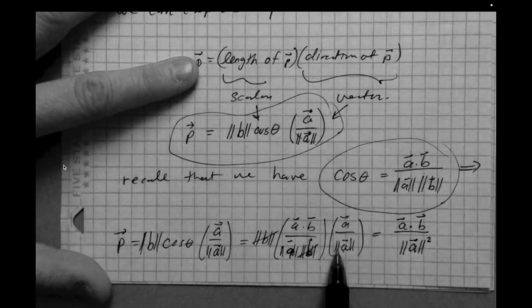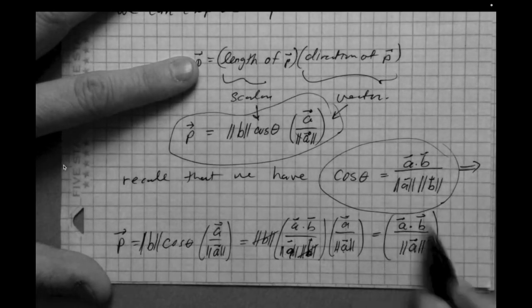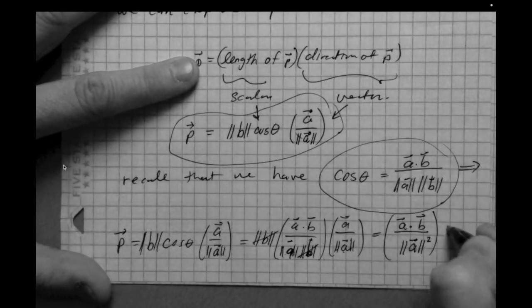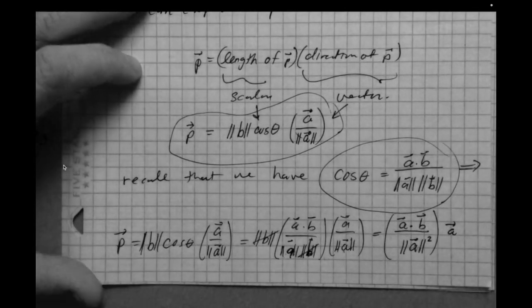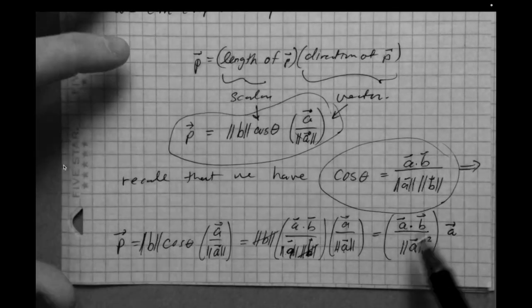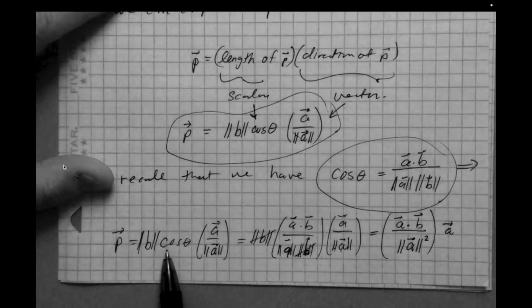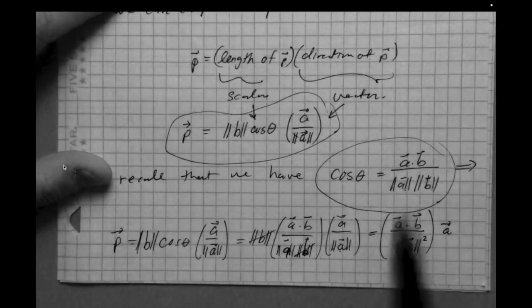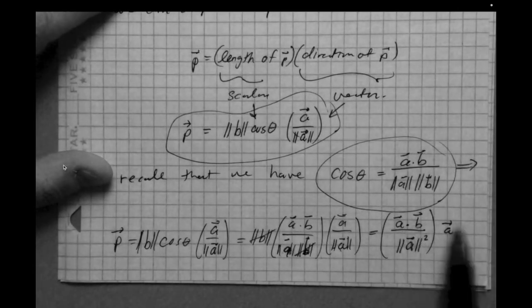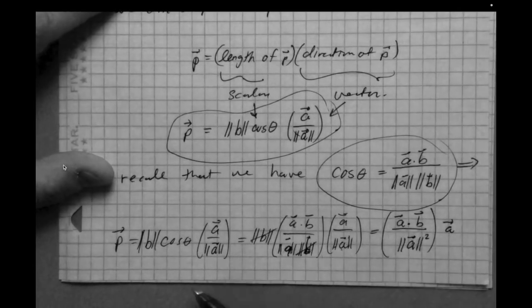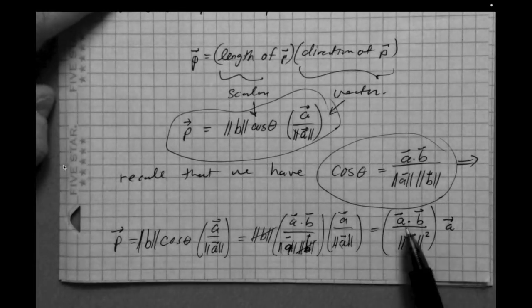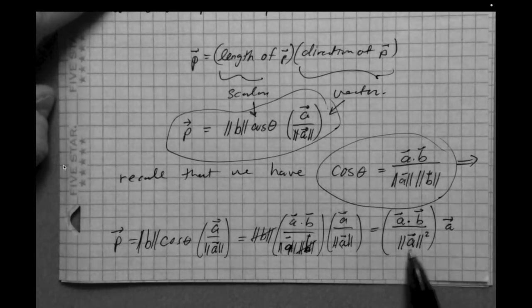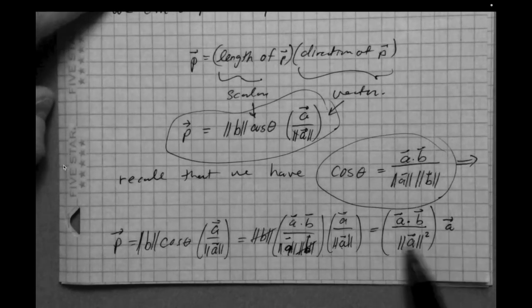This is a constant, and you've got the vector A. So P can be expressed without the cosine, without knowing the angle, as just this formula in A and B. If you know A and B, you automatically know P by just calculating the dot product, squaring the norm of A, and then using that as a scalar against A.